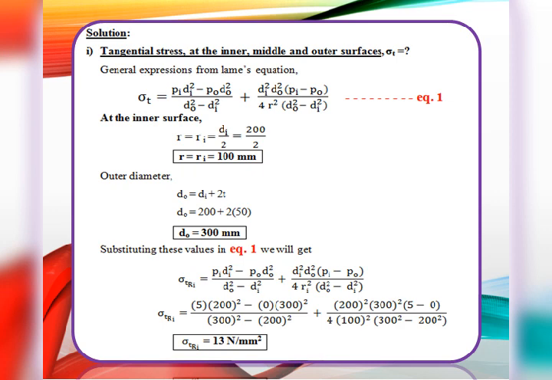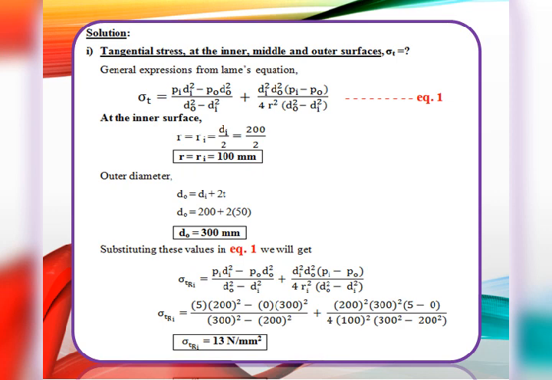Next, outer diameter and radius. d naught is equal to di plus 2t, where di is the inner diameter plus 2 into t, and t is the thickness given in the problem. So d naught is equal to 200 plus 2 into 50, that is equal to 300 mm. If we need the radius, then R naught is equal to 300 divided by 2, that is equal to 150 mm.